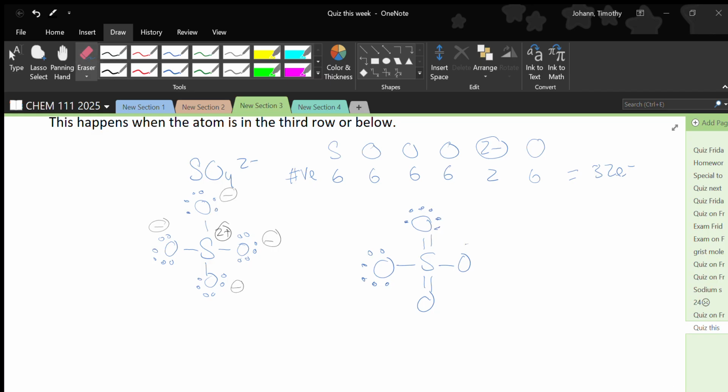Whoops. We do not get to violate the octet rule in that second row because there are no 2D electrons. All right, I was just trying to do it because I'd kind of gotten out of hand, just adding dots left, right, and center. Okay.